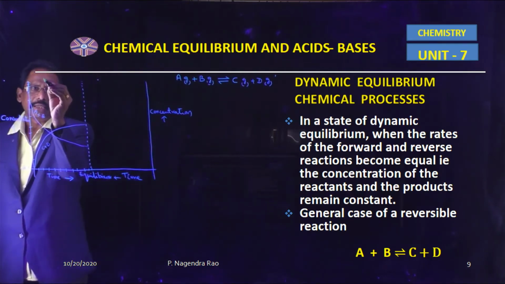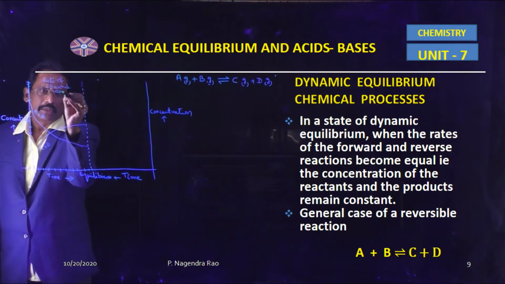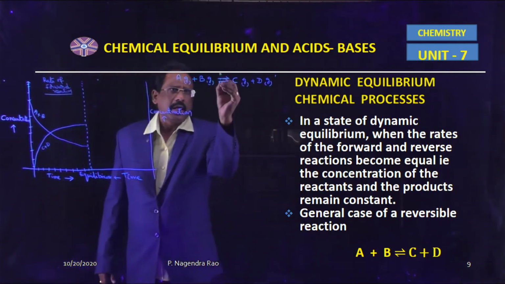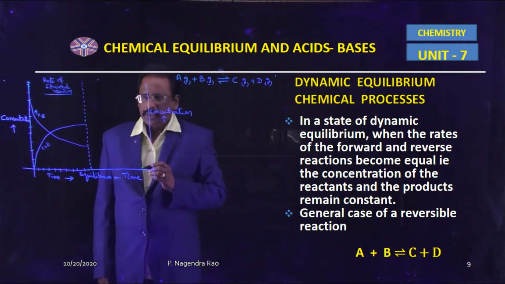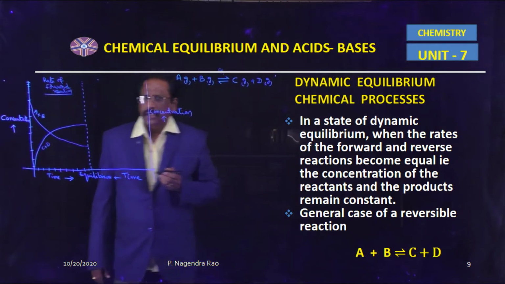This is the rate of forward reaction. So in this example, the forward reaction is this one, R1. A plus B combine together, and C plus D gases are formed.